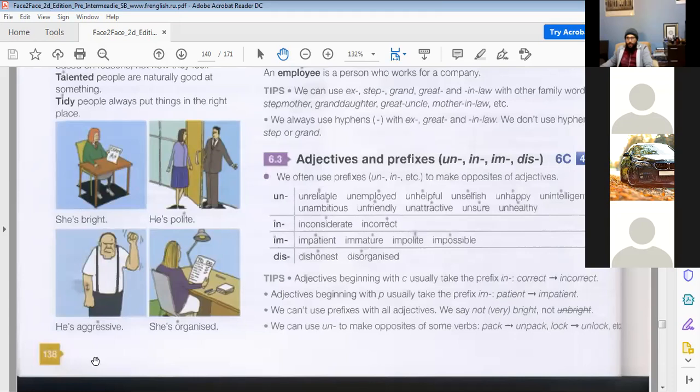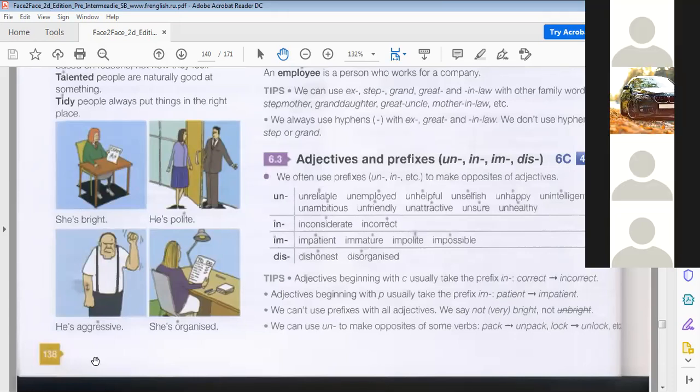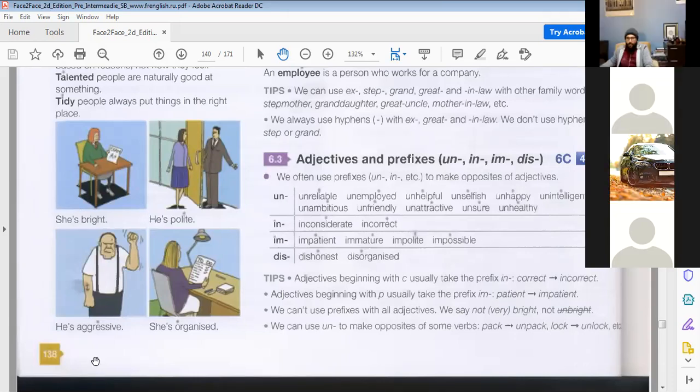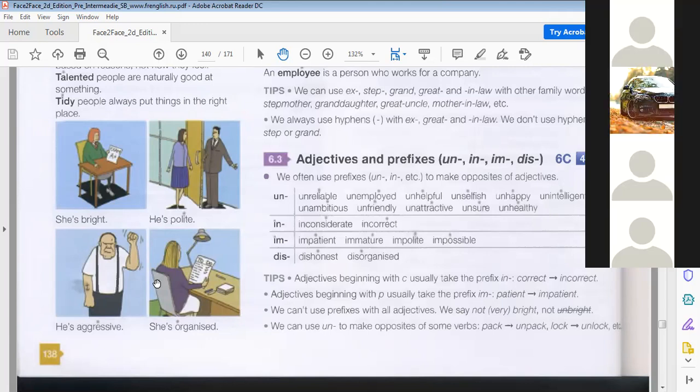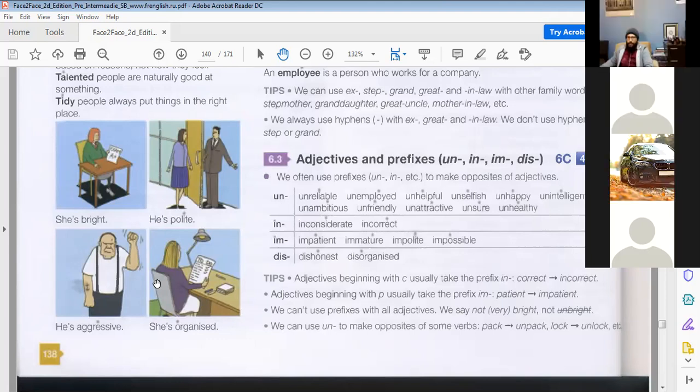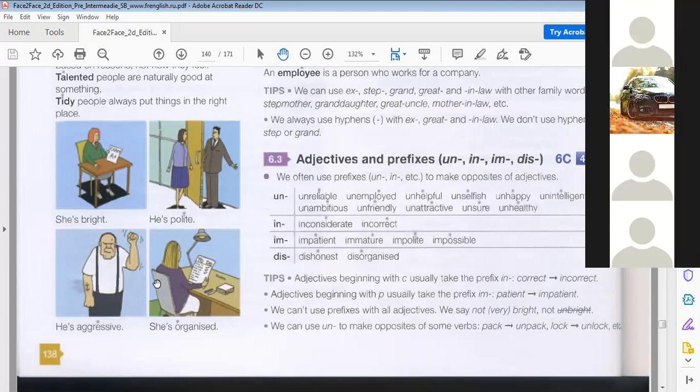Okay, so let's divide them. Rashid, can you read the first group for us, please? Rashid, are you there? Can you hear us? Okay, Rashid's not there.